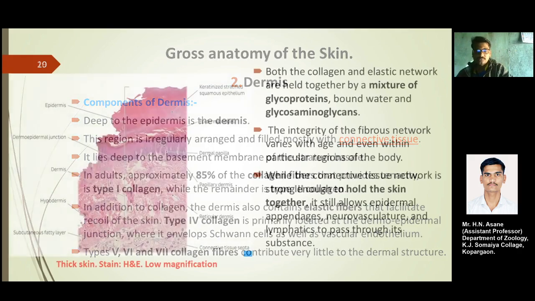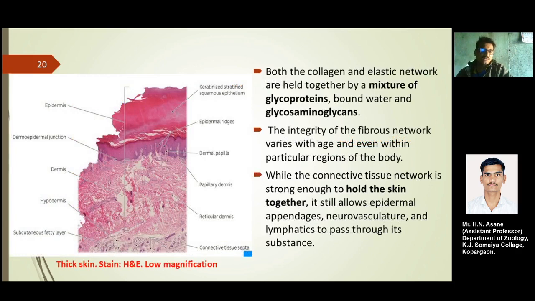So this is the thick skin, TS, highlighted on low magnification and stained with H&E stain, that is the hematoxylin and eosin stain.